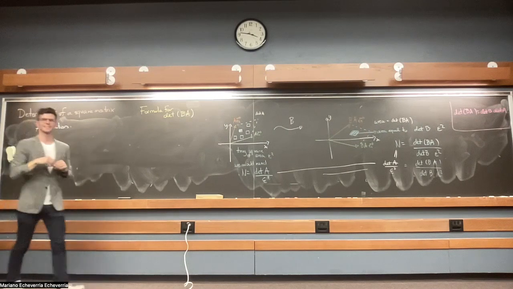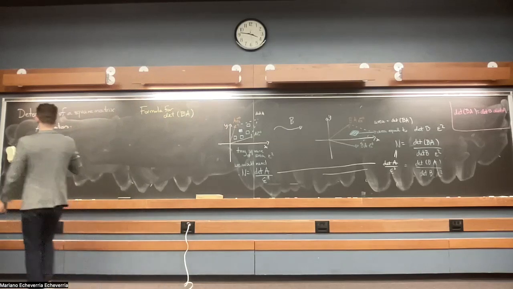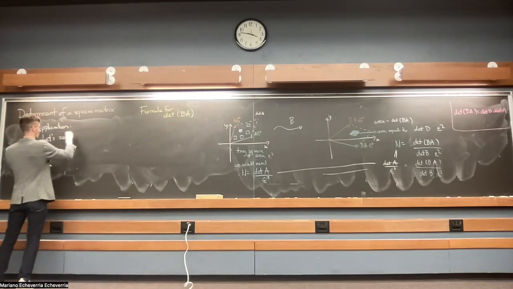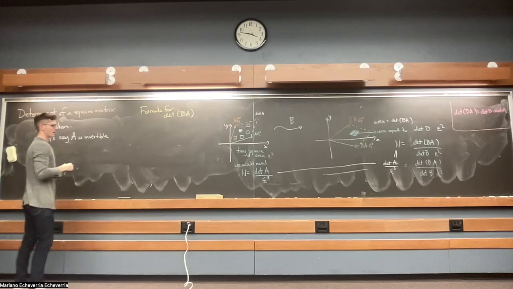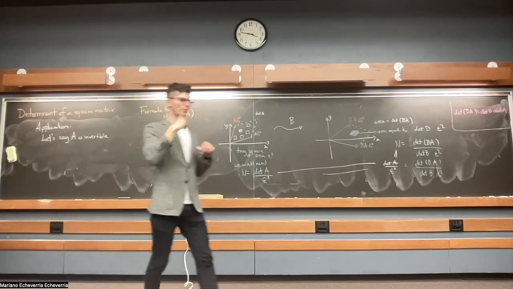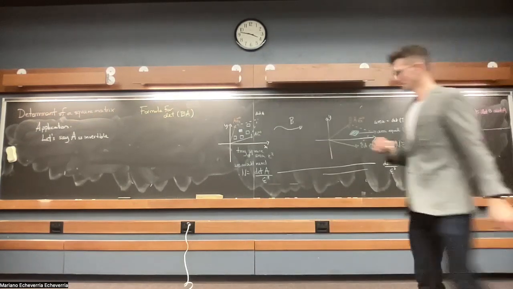Let's say a matrix A is invertible. What did that mean? It means there's an inverse matrix A inverse. The property of the inverse matrix was that A inverse times A gives you the identity, right?